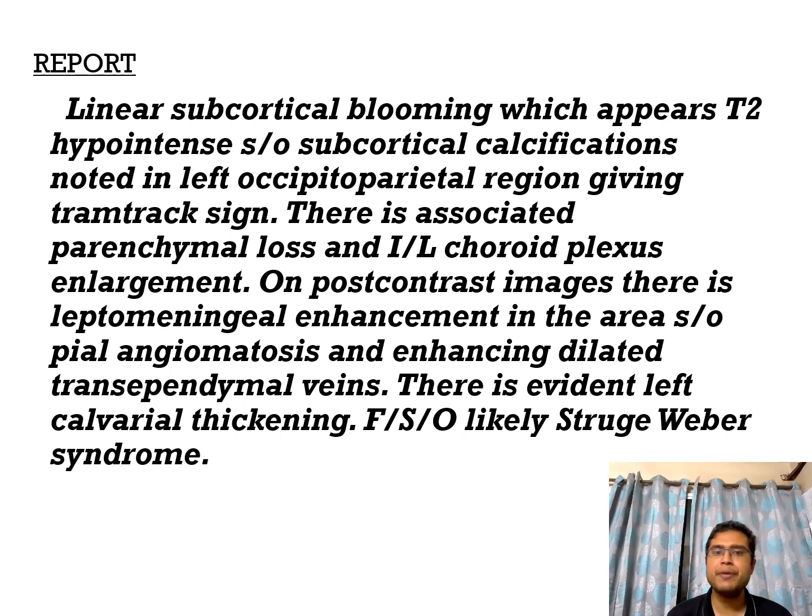Why there is parenchymal loss, we'll come to in the later parts of the slides. Then there is post contrast enhancement of the leptomeninges in that area, suggestive of pial angiomatosis, and also some dilated transependymal veins and evident left calvarial thickening. So these features were suggestive of Sturge-Weber syndrome.